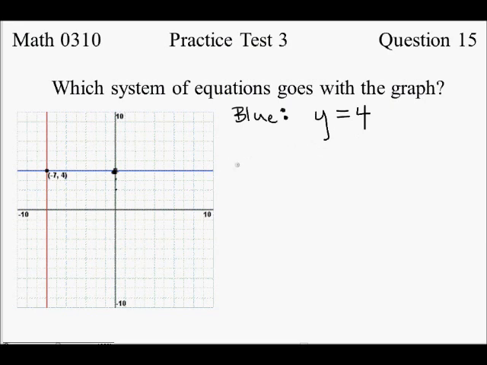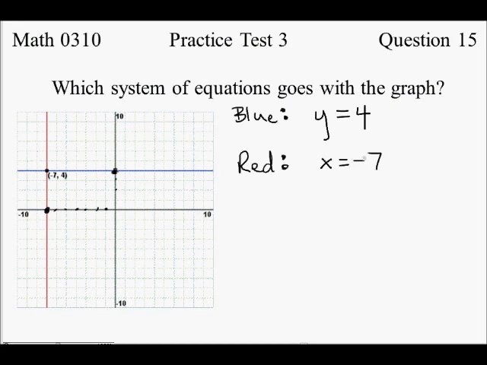And now we do the same for the red line. The red line is a vertical line, so it's going to be one of our special ones also. Again, we ask ourselves, which axis does the red line cross? It crosses the x-axis right there. So it's going to only have x as a variable in its equation. And it crosses x at the value, let's count over here, 1, 2, 3, 4, 5, 6, 7, negative 7.